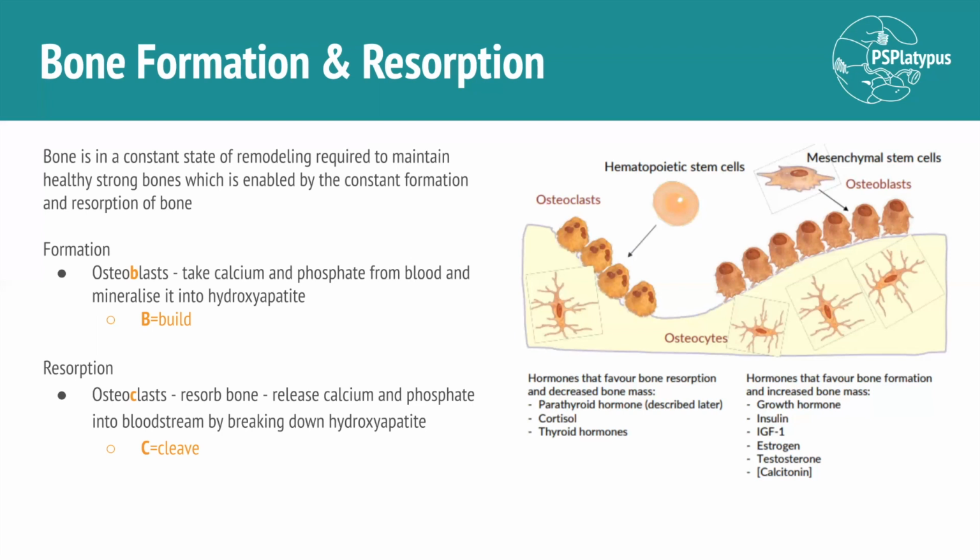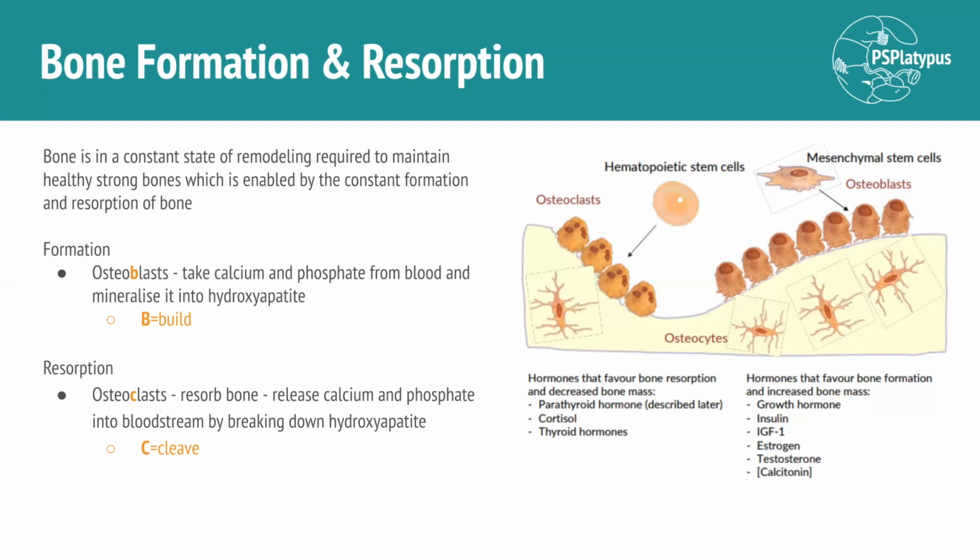In terms of formation of new bone, the key cell responsible for the formation of new bone, or the relayering of the bone matrix, is our osteoblast. These cells take calcium and phosphate from the blood and mineralize it into hydroxyapatite.